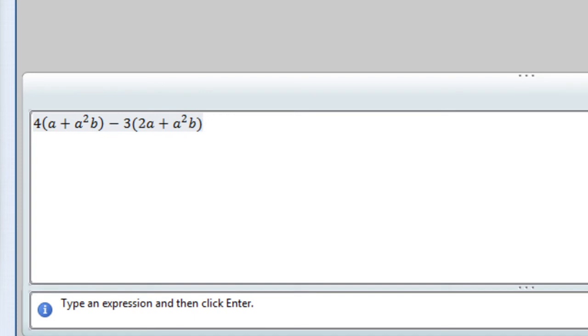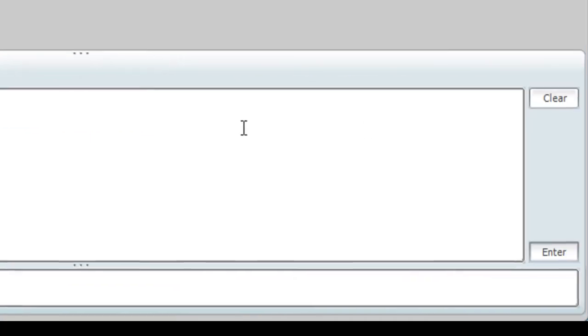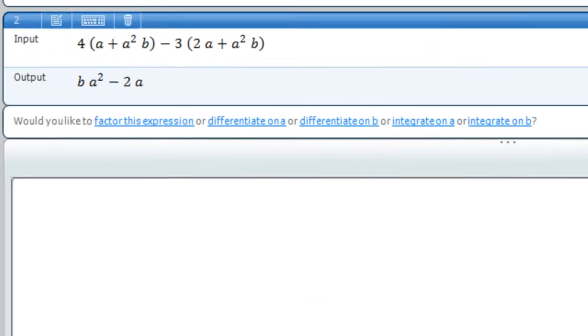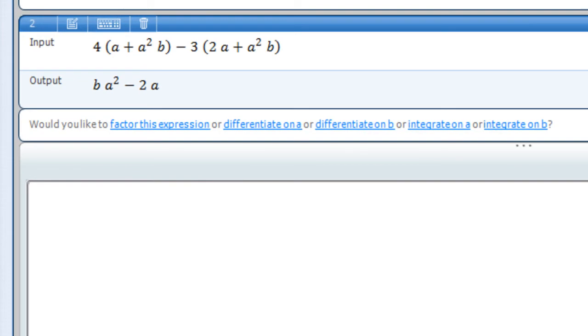Now if I was to do this equation in my head, I'd have to expand out the brackets, both sets, group all the like terms, and then simplify. But with the program again, I click the button and it gives me it in a simple form.